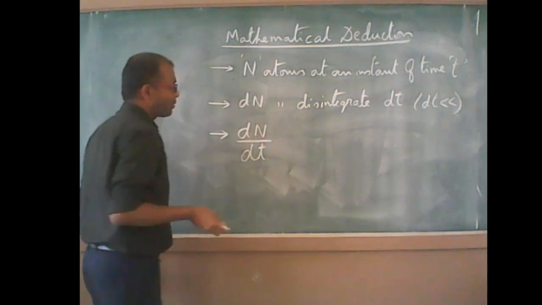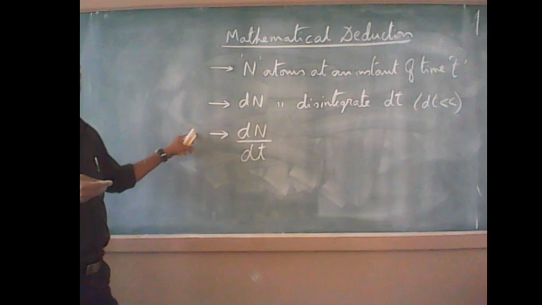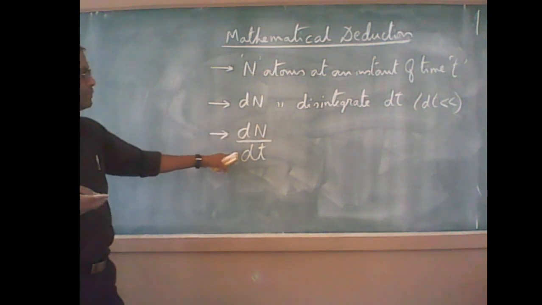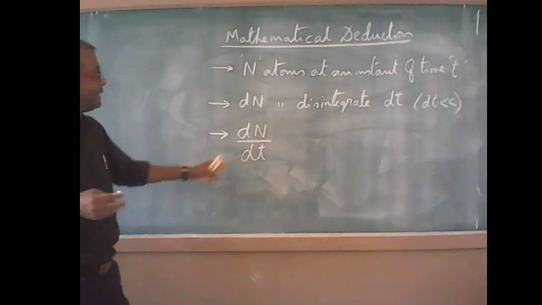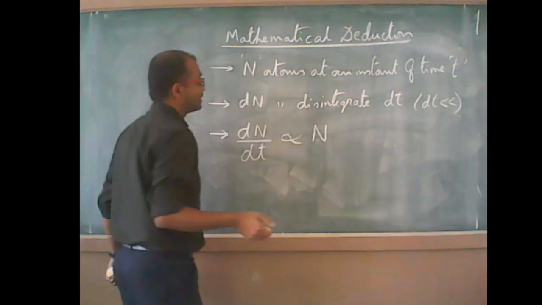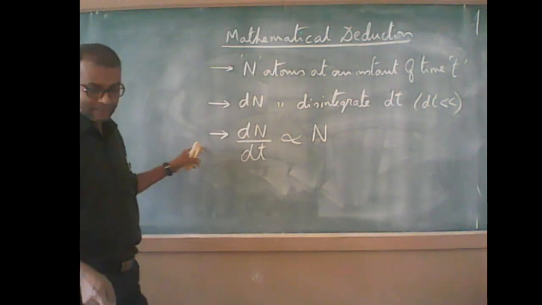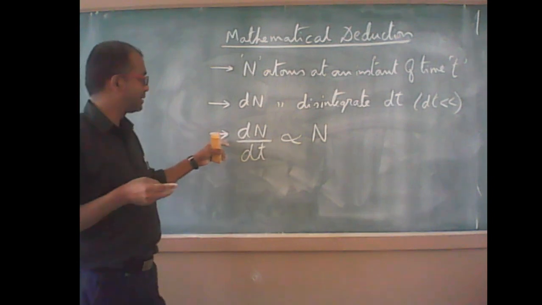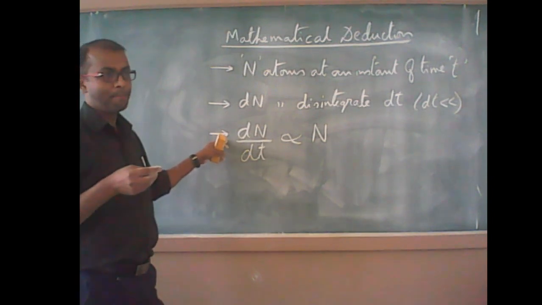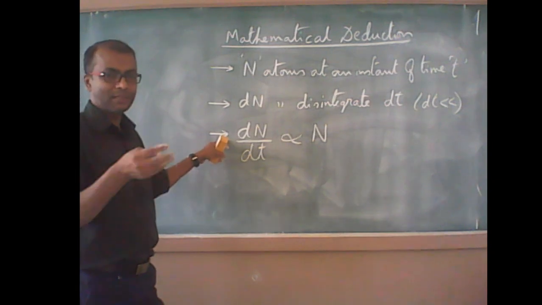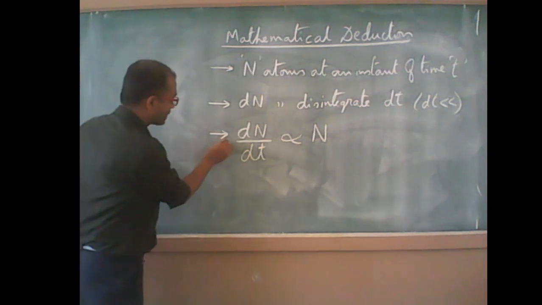So what does this law of radioactive disintegration state? It states that the rate of disintegration of the element at the instant of time t is proportional to the number of atoms of the element present at that instant. Because it's a negative rate of change, meaning the number of atoms, and hence nuclei, decreases with time because they are undergoing disintegration, we put a negative sign over here.